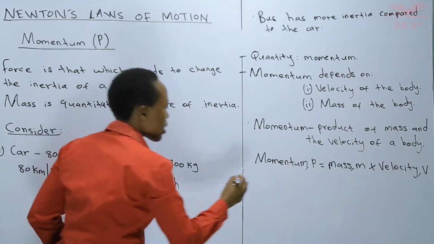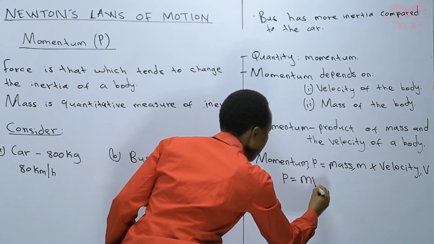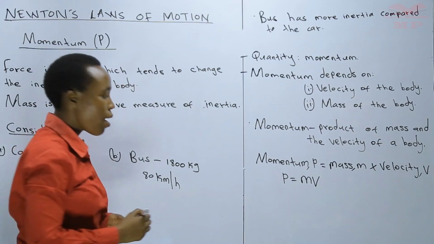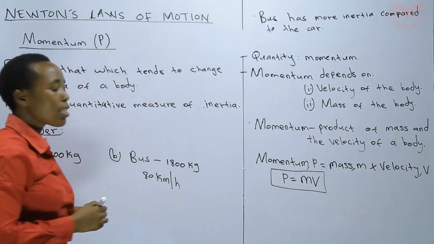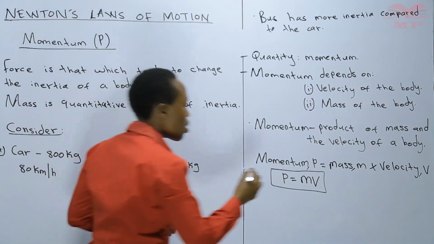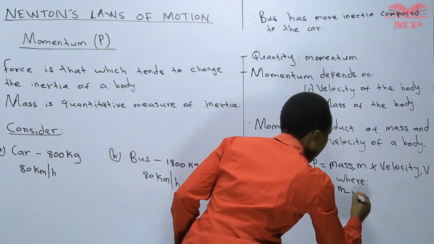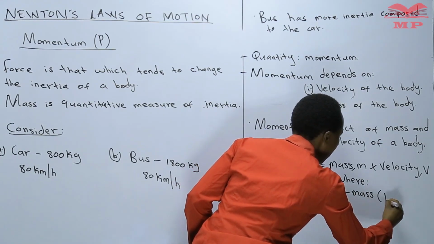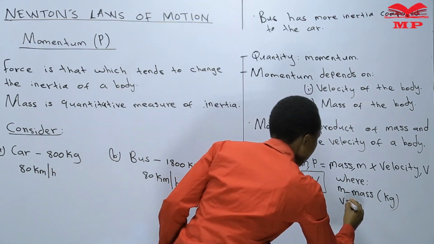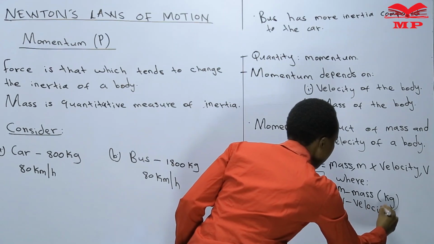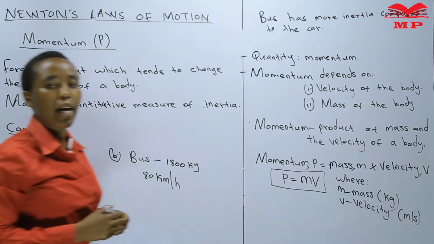And therefore, we can simply see that momentum is equal to mass times velocity. Momentum is given by mv, where m is the mass in kilograms, and v is the velocity in the SI units, that is meters per second.